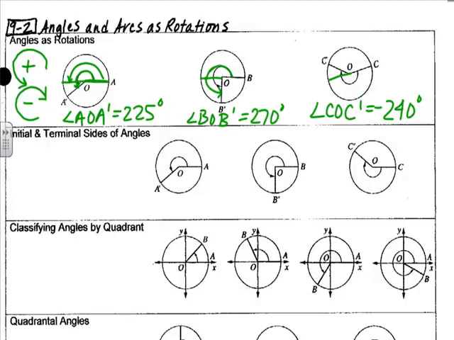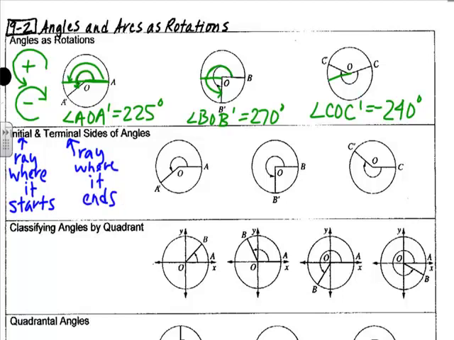Okay, so there's some vocabulary. Initial and terminal sides of angles. Basically, the initial side is the ray where it starts. I'm going to just be real simple here. And the terminal side is just the ray where it ends.